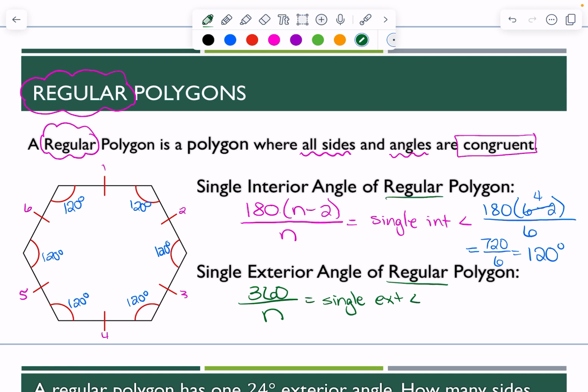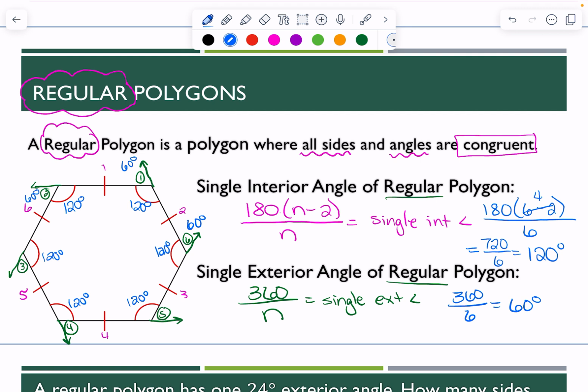So if we draw those in here real quick, if I just extend, here's 1 angle, 2 angles, 3 angles, 4, 5, and then 6. Okay, so if we look at that, we're literally just going to take 360 divided by 6, and each of these exterior angles is going to be 60 degrees.